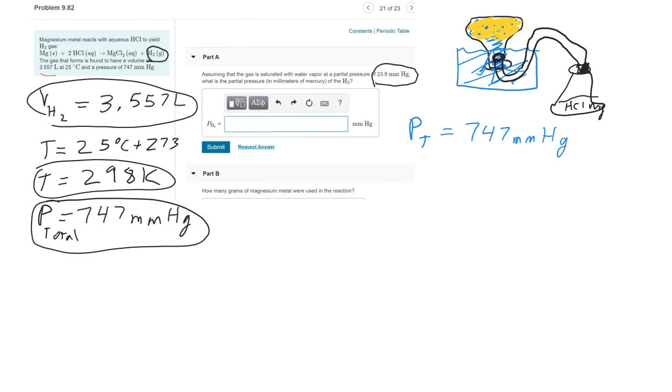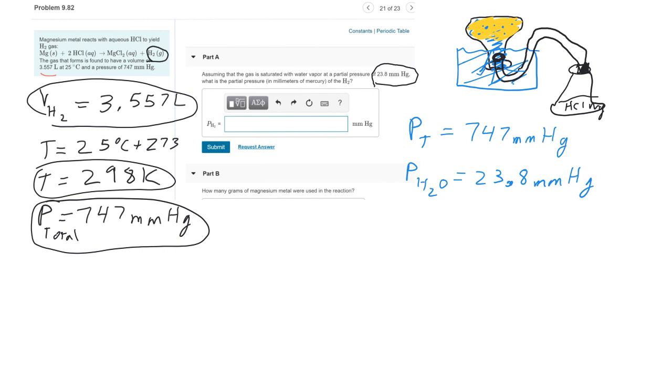They then tell us that the water vapor pressure is 23.8 millimeters of mercury. Now, how in the world will we get that water vapor pressure? Well, you can find tables of water vapor pressure. And when you do it in lab, you actually go to this CRC, which is a big, thick book of constants, and you look up the water vapor at the temperature that you're operating.